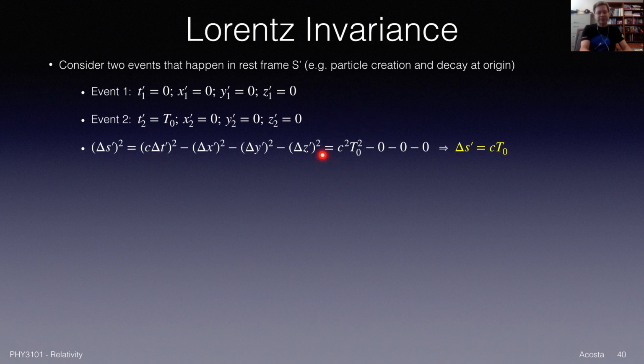So I get c squared t naught squared. But as the particle remained at the origin from its creation and its decay, those spatial deltas are 0, and so I get that it's just c squared t naught squared for delta s prime squared. Or in other words, taking the square root, that space-time interval is c t naught. So that's in one frame.